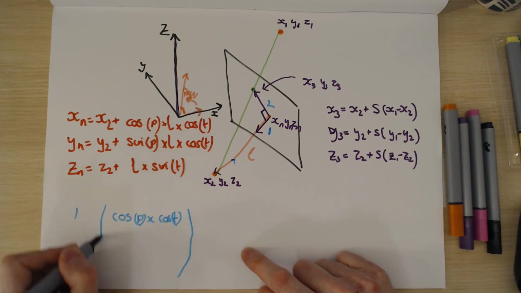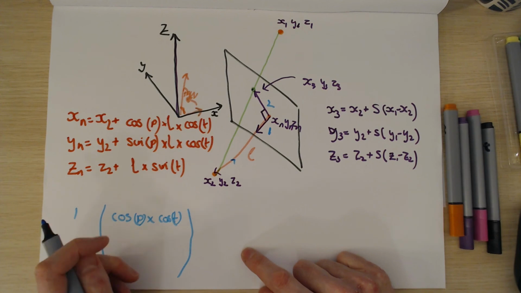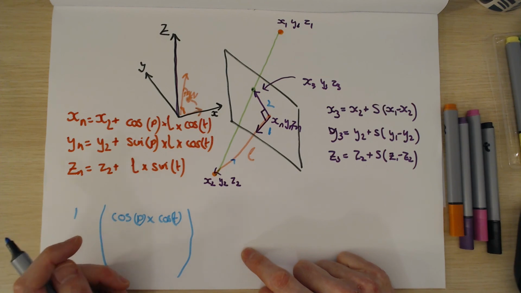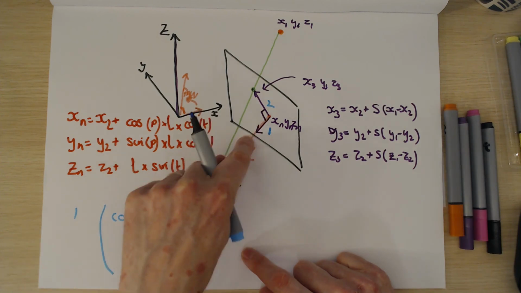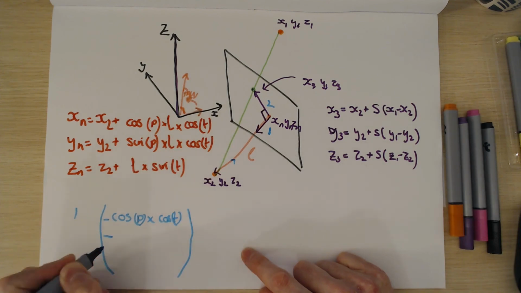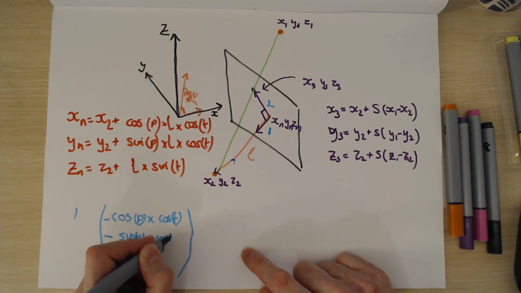So vectors tend to get put in brackets like that. And y? Well, again, the y vector again points in the opposite direction to this line. So that would be minus sine p times cos t.